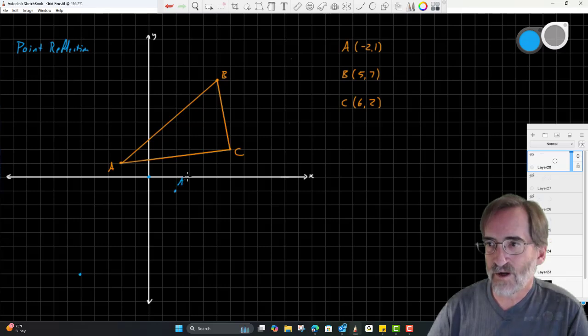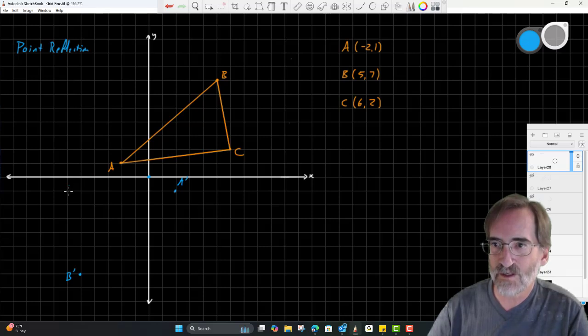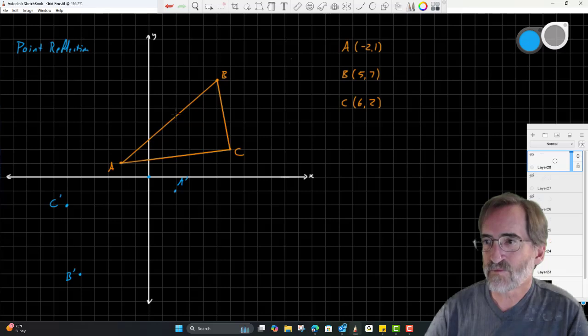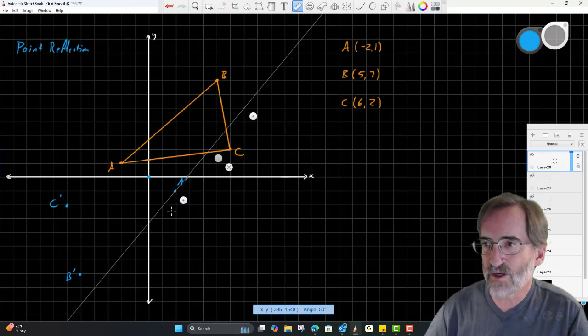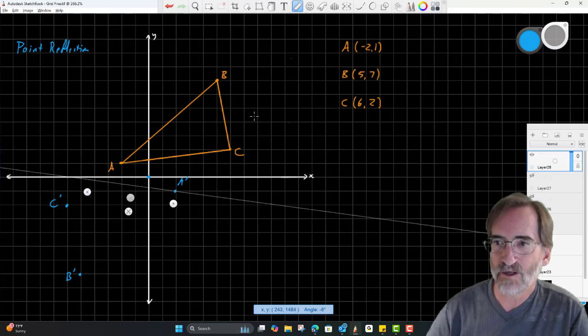So A prime, B prime. And C is 2, 4, 6 over and 2 up, so it's going to be the opposite direction: C prime. And this, by the way, is the same as if we had done an x-axis reflection followed by a y-axis reflection.